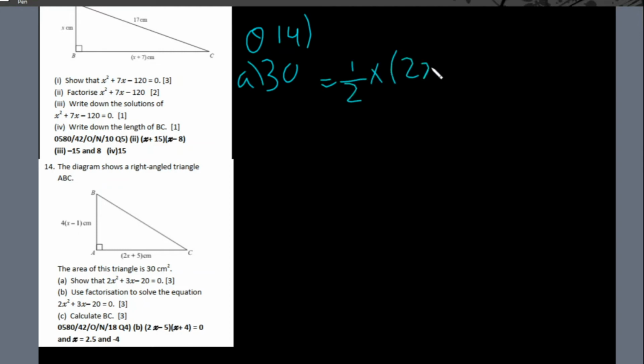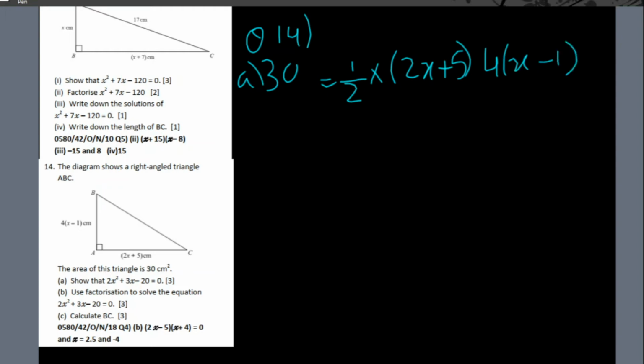Alright, question number 14 next. Again, the diagram shows a right angle triangle. The area of the triangle is 30. Show this equation. So area equals half times the product of the base and height.